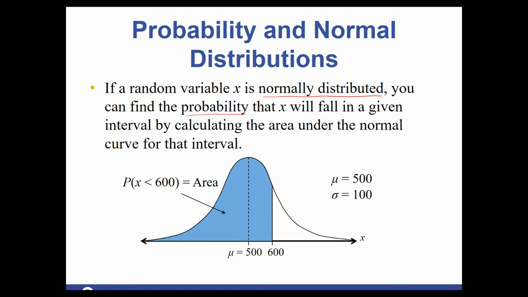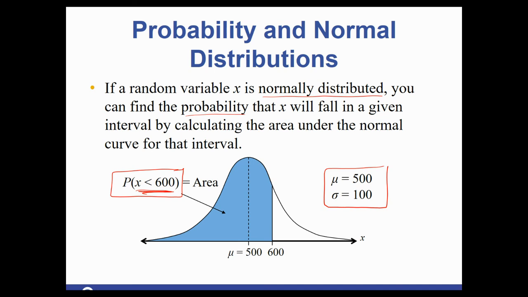So whether they give you a sketch or not, they will need to tell you your mean and standard deviation, and they will need to tell you what they're asking you to find. Sometimes they'll give it to you as a P of, like this one right here, x less than 600.